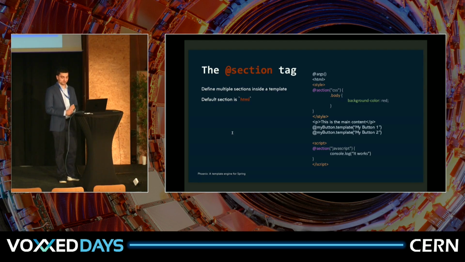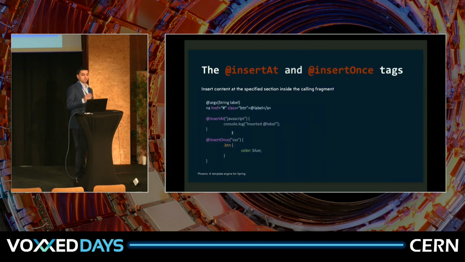Why is this helpful? Well, combined with insert at and insert once tags, now you can easily specify in your fragment where the needed code needs to be added. This way, if you add another fragment, the content of that fragment is added to the right section, and the HTML page has a cleaner and more robust source code generated, and you can specify easily if certain parts of that fragment need to be added only once.